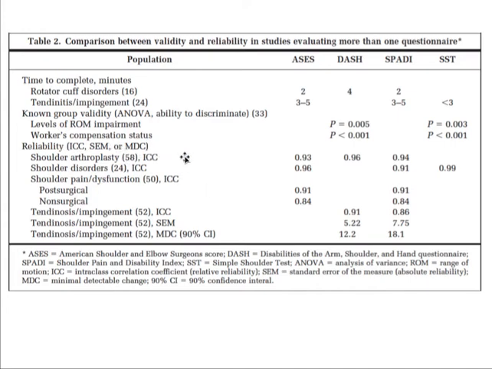And then in terms of reliability, this is our consistency measure. We see ICC, SEM, and MDC values here, and then the different disease populations. So for shoulder arthroplasty, shoulder disorders in general, pre-surgical and non-surgical, or post-surgical, non-surgical shoulder pain dysfunction, and then tendinopathy impingement problems.